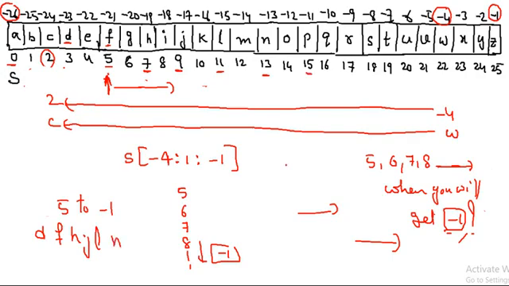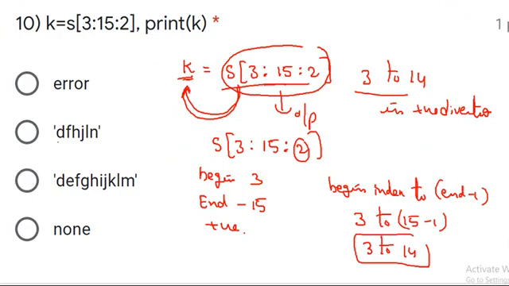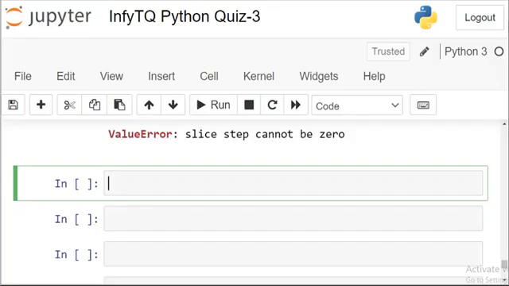We have to go from 3 to 14 only. So the values are D, F, H, J, L, N. So that will be the answer. If we execute this program, what will be printed?